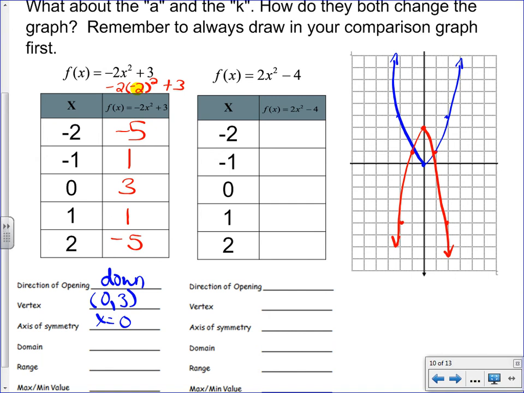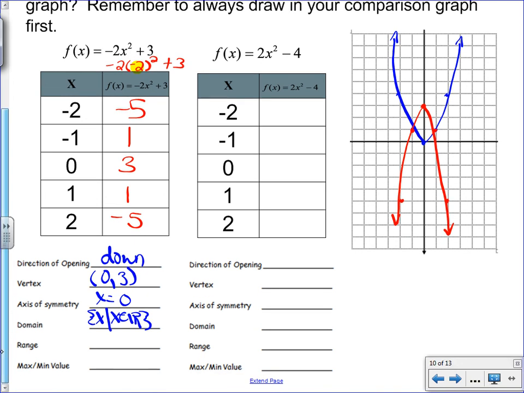My domain, Jericho? Is an element of the real because it's all numbers. Good. Zach, do I have a maximum or a minimum here? At what value? I have a maximum at 3.